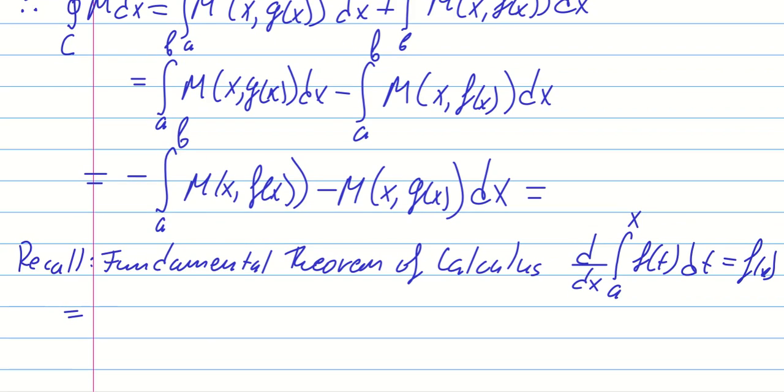And what do we get? We still have negative a to b, but then we introduce this idea.